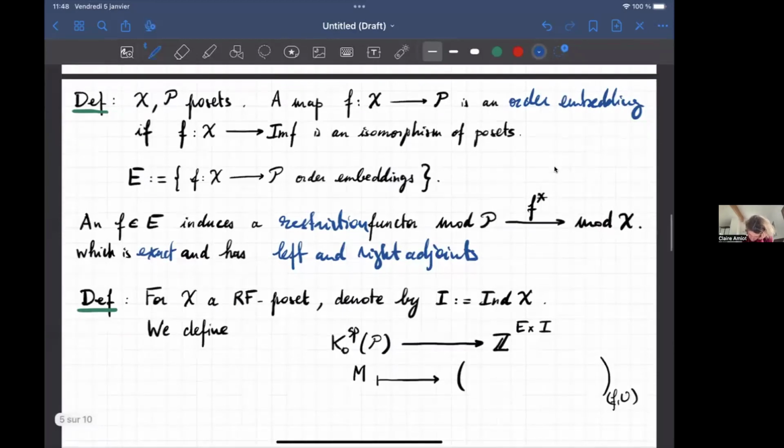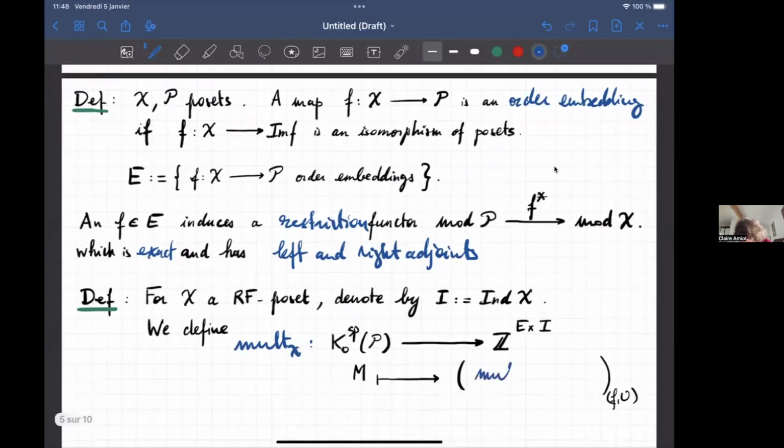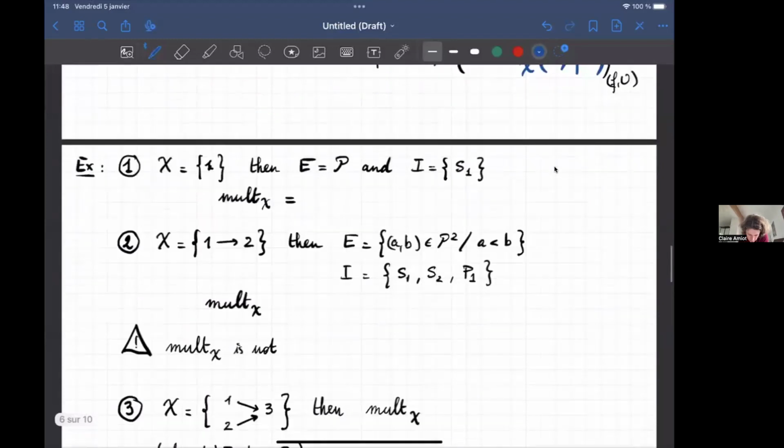And now I can define a new invariant. I take I to be the indecomposable set of X, and my new invariant is defined on mod X, and it assigns to M the multiplicity of any indecomposable U in F star of M. So F star of M is a representation of X, and I just compute the multiplicity of the indecomposable U in F star of M. To illustrate by example, if I take X to be 1, I end up with the dimension vector again.